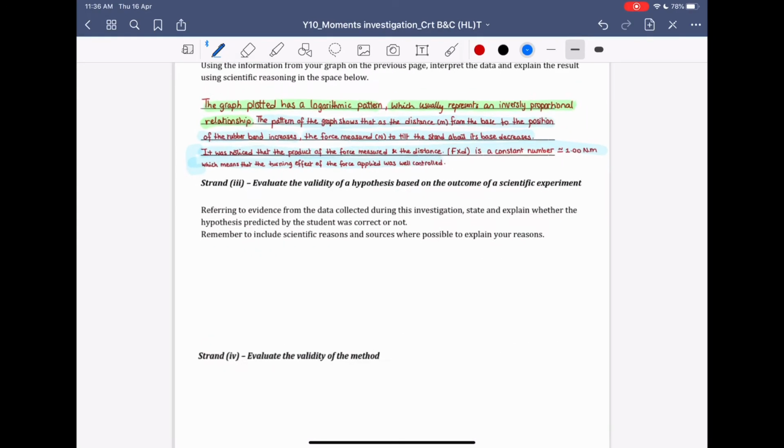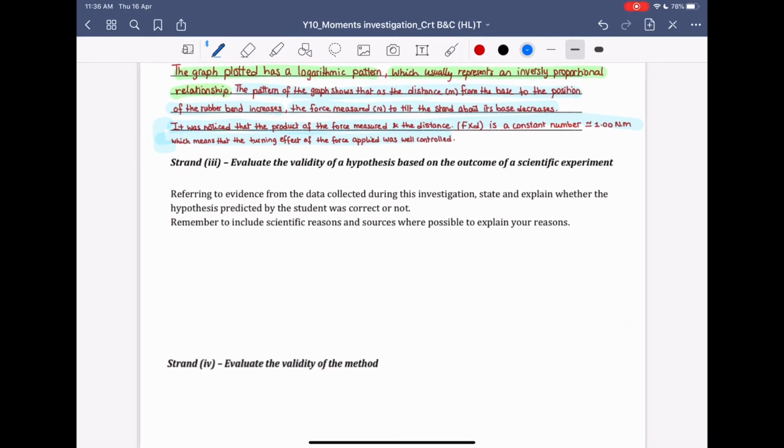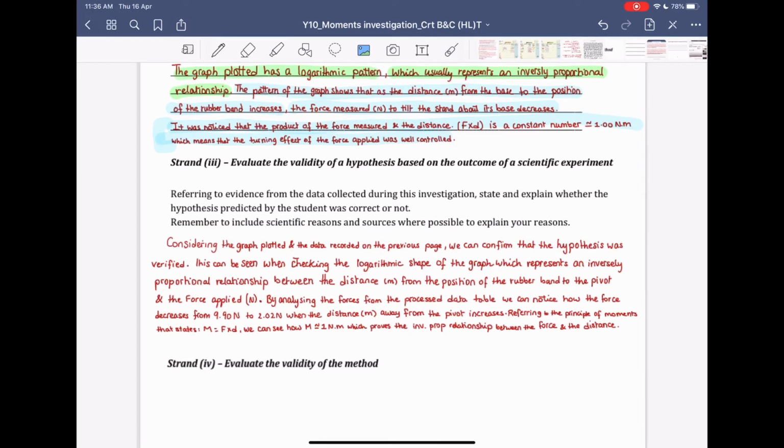Okay, what else? Last thing, let me show you the answer. I can say that referring to the principle of moment that states moment is equal to force multiplied by distance, we can see the moment is approximately equal to 1 Newton meter, which proves the inversely proportional relationship between force and the distance. What do I mean by that?